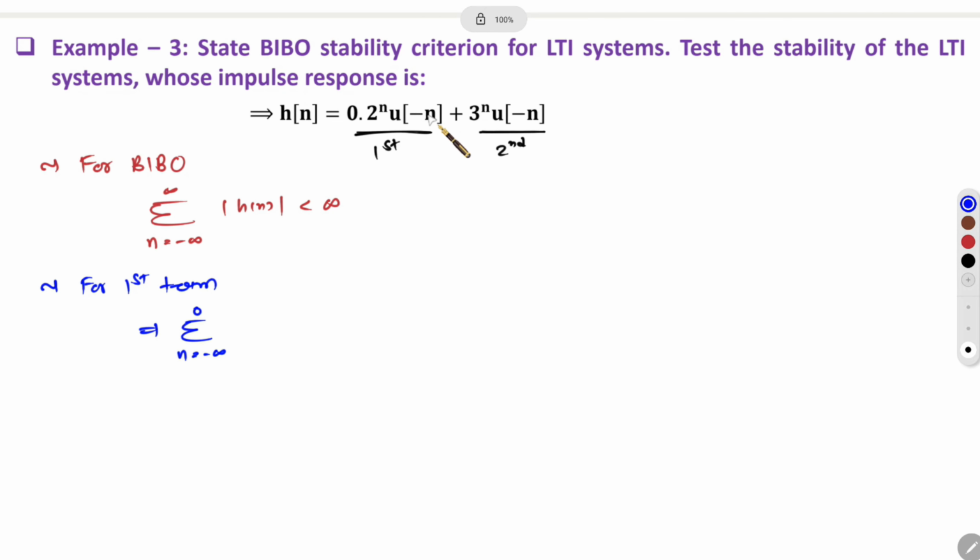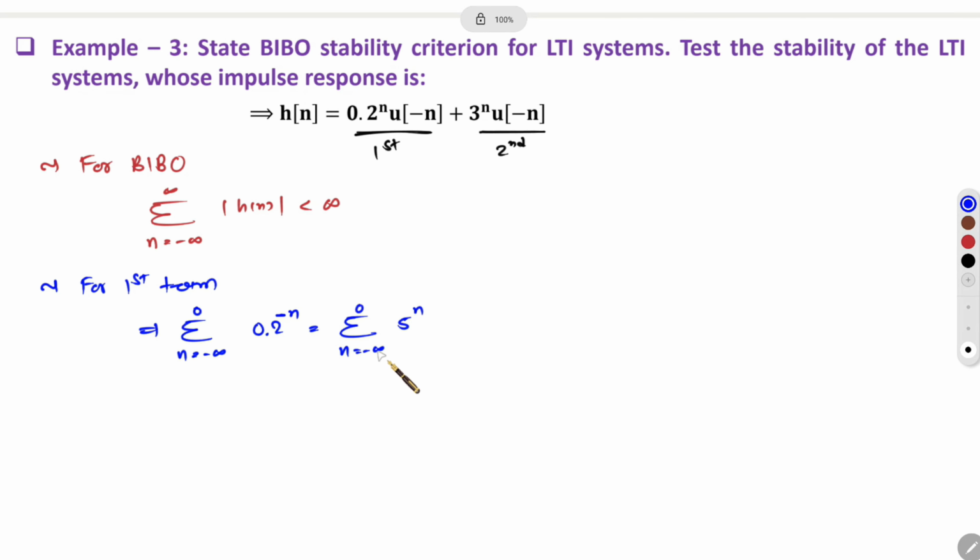Negative range means n is negative and u of minus n will be unity. So for the negative range, here you will be having 0.2 to the power negative n, right? Means this will be the summation where n is ranging from minus infinity to 0, 0.2 to the power minus n, means 1 divided by 0.2 means 5 to the power n.